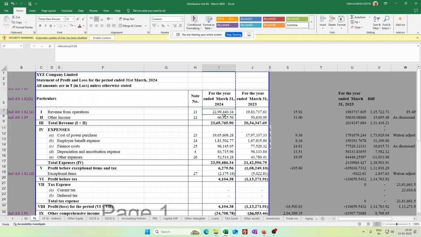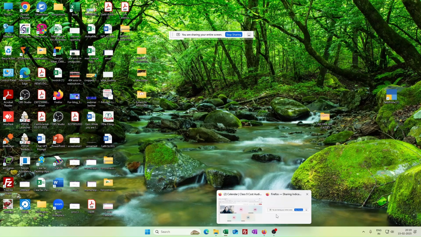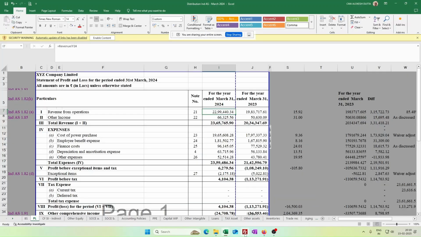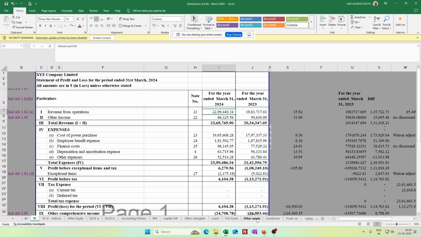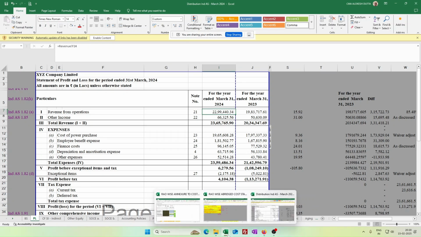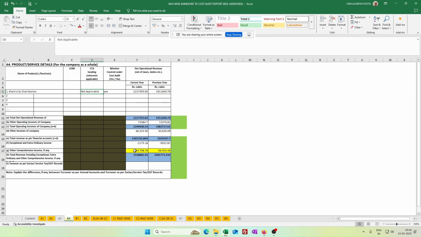It is in lakhs. 22,99,440.34. And what is written here? 22,27,355.